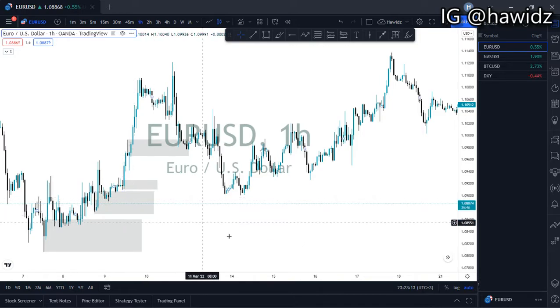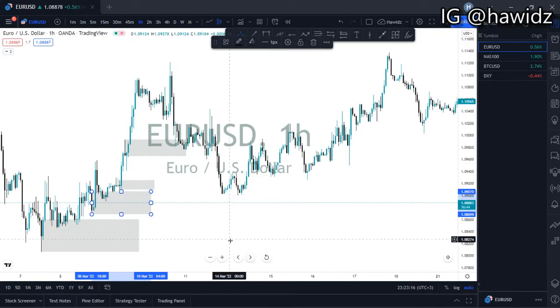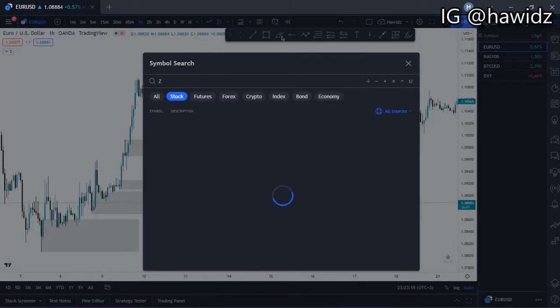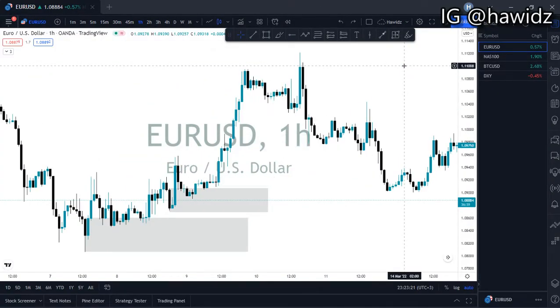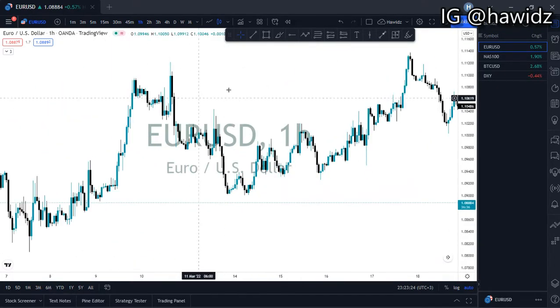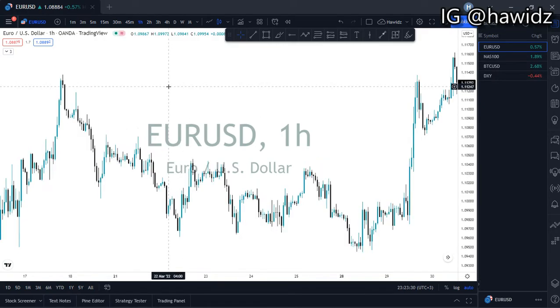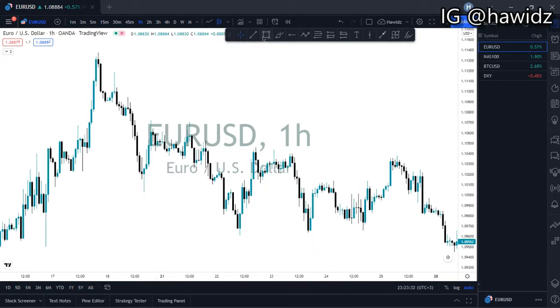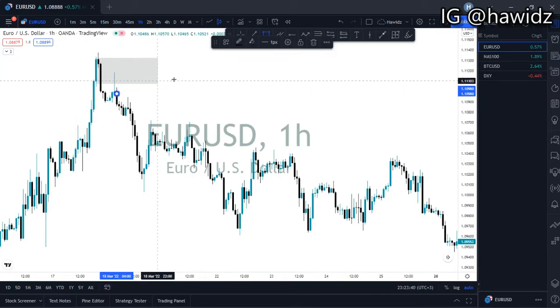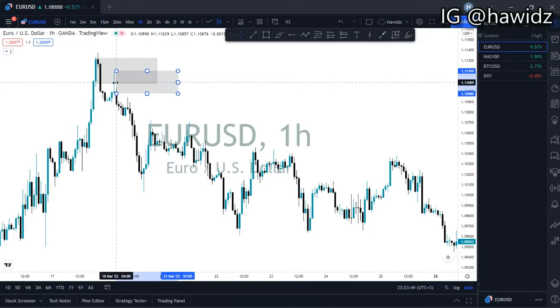Okay, let's have these. Now on the case of supply zones, they are the zones of the last bullish candle before the bearish move started, right? So the last bullish candle, right? The last bullish candle right here, this little blue candle there, boom.